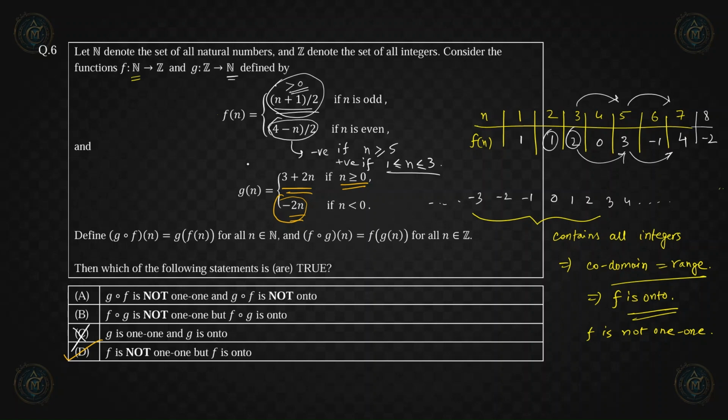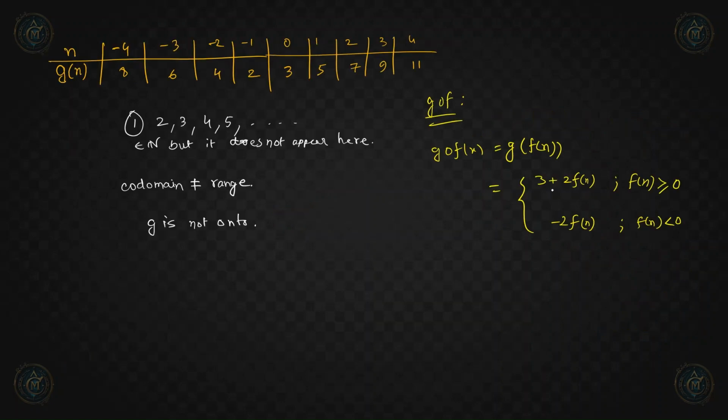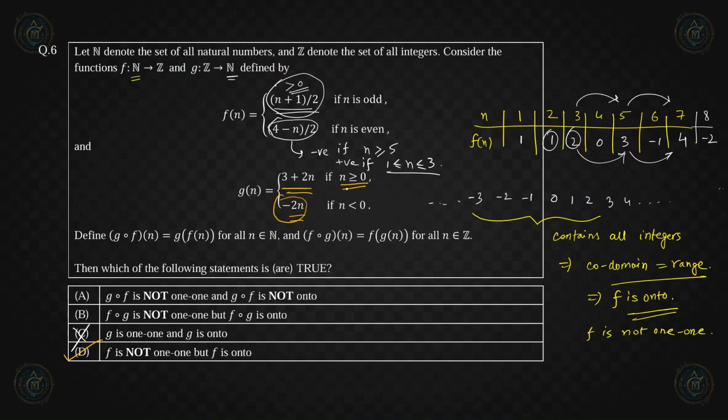So that means we can say for this case to hold true, 3 plus 2 f(n), if and only if f of n is greater than or equal to 0, we have to take two possible cases. That is this case here, positive if 1 is less than or equal to n less than or equal to 3, right? And then we have to take this case if n is odd, okay.